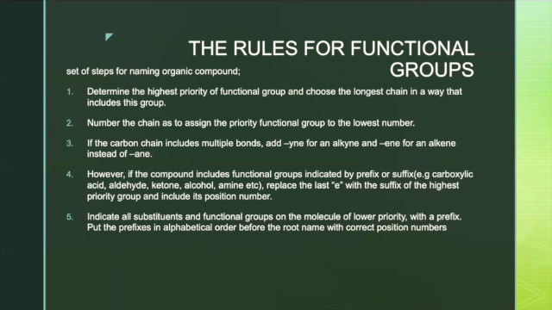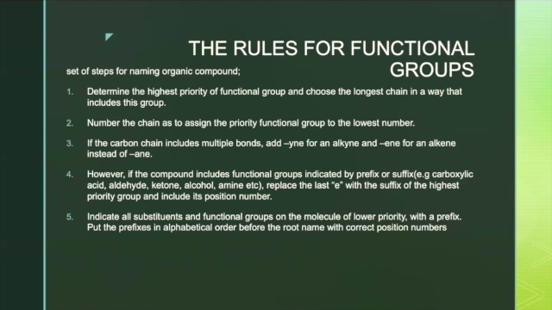In step 3, determine if the carbon chain includes multiple bonds. If there is a double bond, replace ANE with ENE for an alkene or YNE for an alkyne. Designate the position of the multiple bonds with the number of the first carbon of the multiple bond.